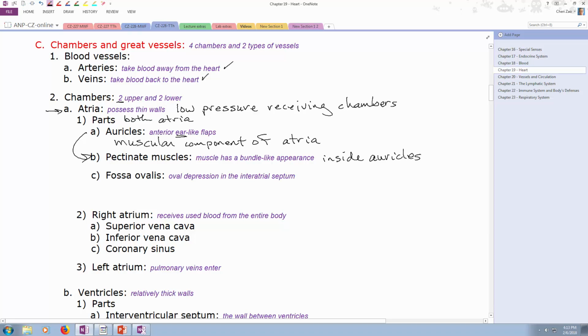The auricles also provide a little extra volume to our atria. The fossa ovalis is an oval depression in the interatrial septum, and it is a remnant of the foramen ovale.